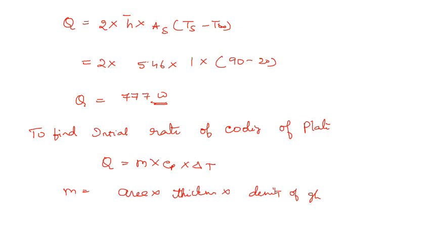So mass is equal to area, 1 meter square, thickness is 3 mm given, so to convert into meter, I have to divide it by 1000, then density is 2500. If I calculate this, it turns out to be 7.5 kg. The mass is 7.5 kg. If I use that in the next calculation, I can find the delta T. Delta T is equal to Q by M into Cp.